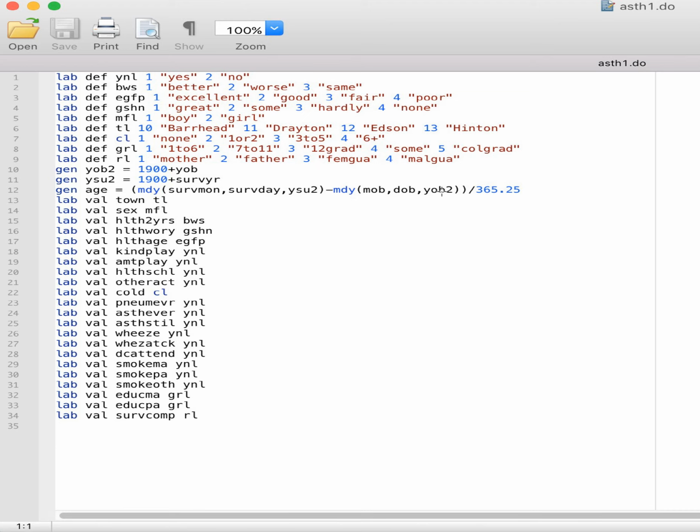And the idea then is that you actually know their age, and you know it in days, not in years, but in fractions of a year too. You can see that the numerator of this expression is the days, and then we divide, again, it's somewhat approximate, by 365 and a quarter to get the year.